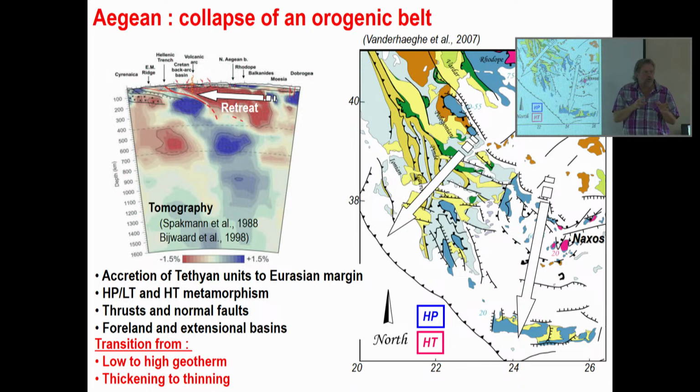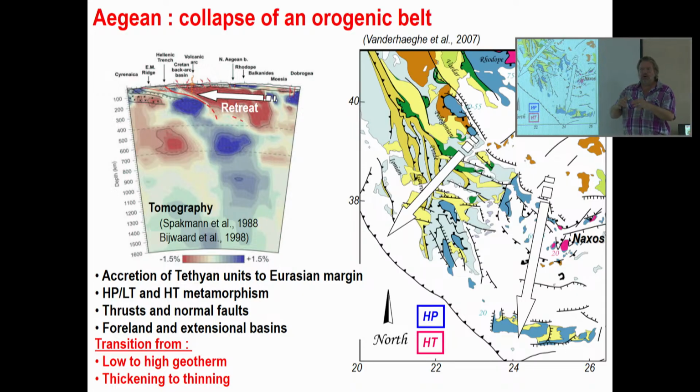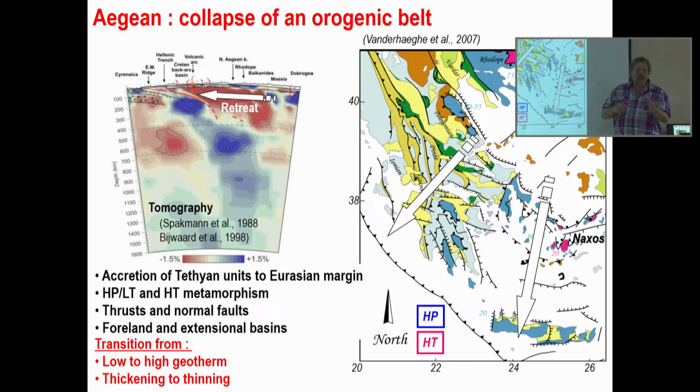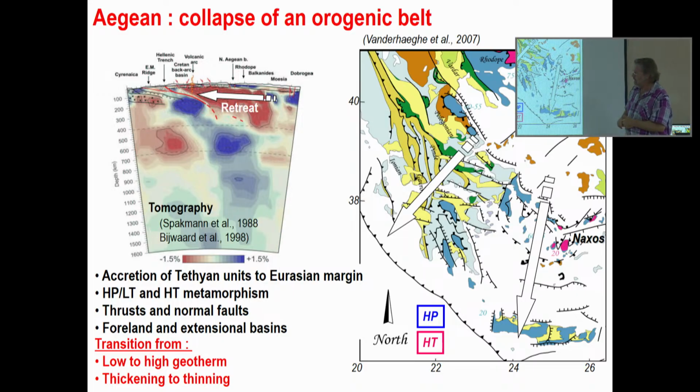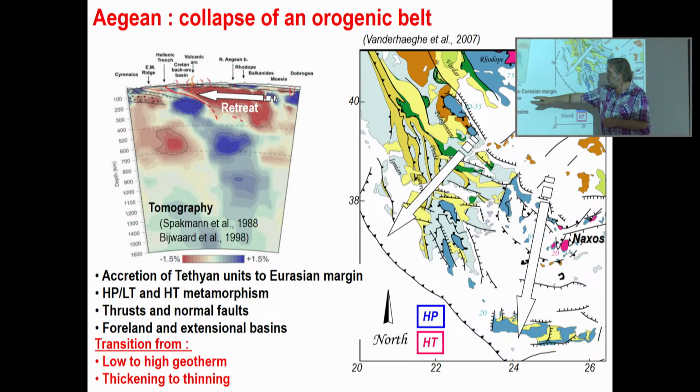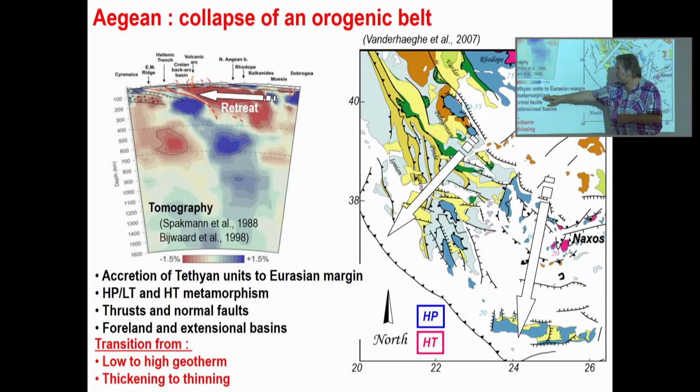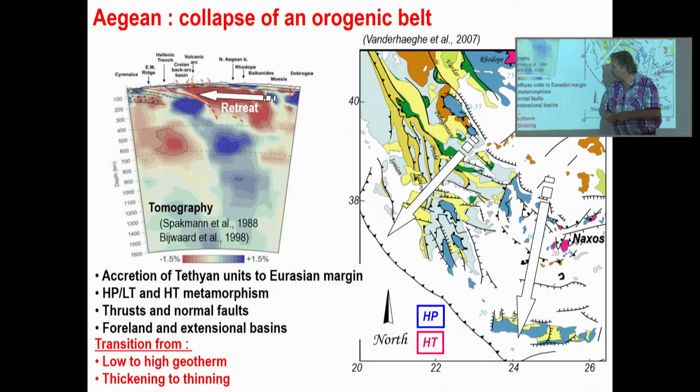Another 20 to 30 million years delay between high pressure and high temperature. Same for the Sifnos dome region, you have 55 for high pressure and 15, 20 for the high temperature. So a delay. This will give us the opportunity to investigate the transition from low to high geotherm.